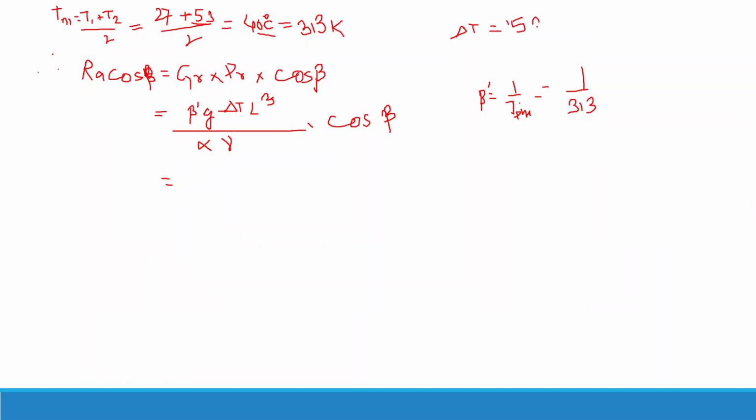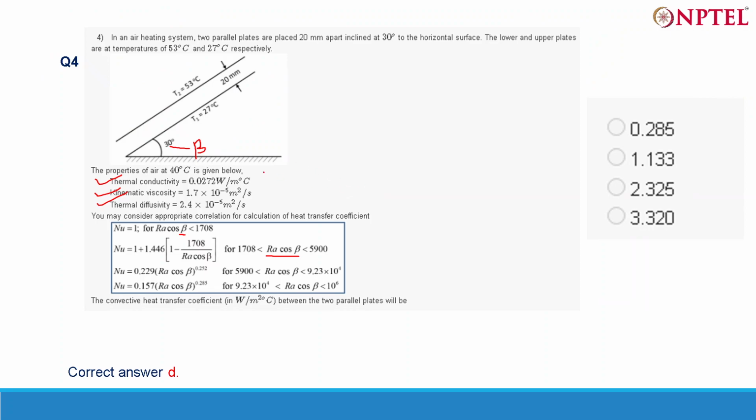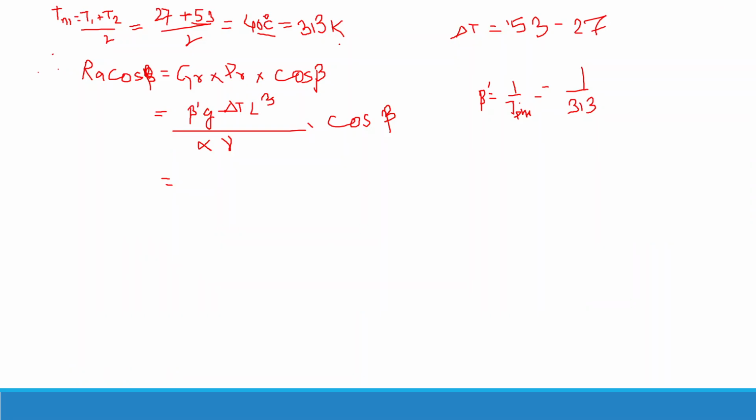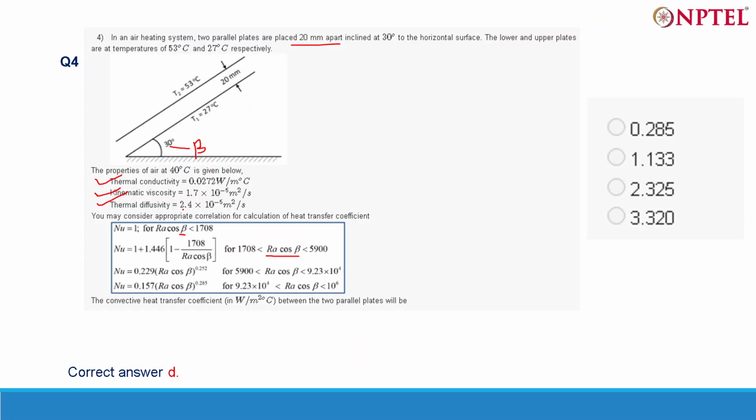53 minus 27. If you want to be double sure about any mistakes, you can convert it into Kelvin. Otherwise, differences in Kelvin and degree Celsius are almost the same. And the value of L is given, 0.02. Alpha, the thermal diffusivity, is given, and kinematic viscosity is also given.